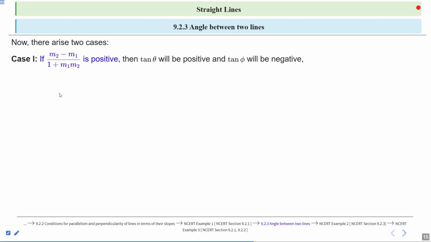Case 1: if m2 minus m1 divided by 1 plus m1 into m2 is positive. So this is the first case.